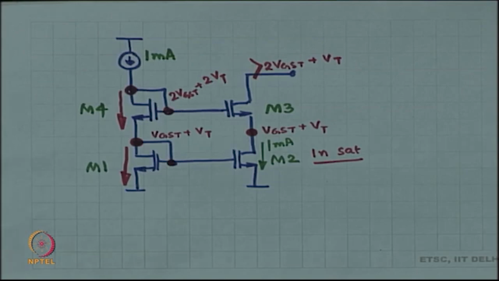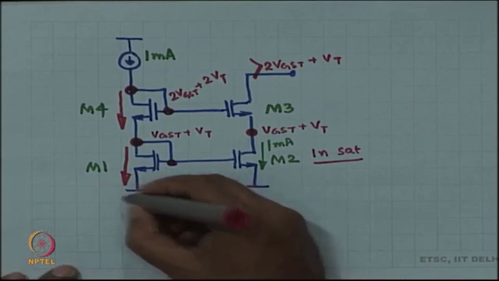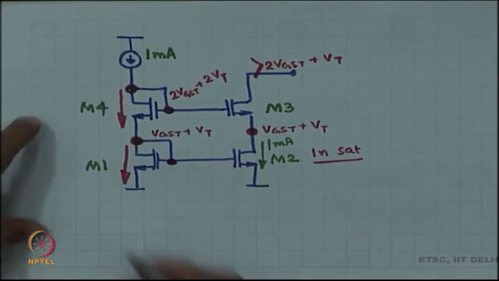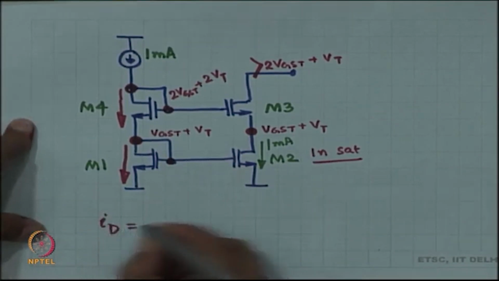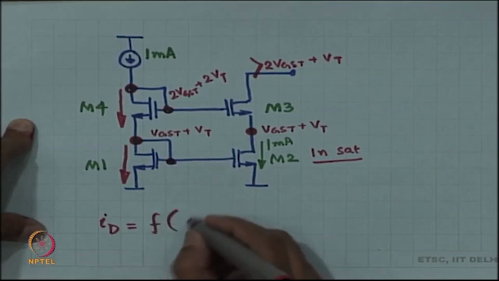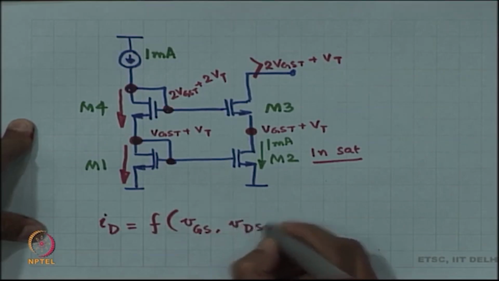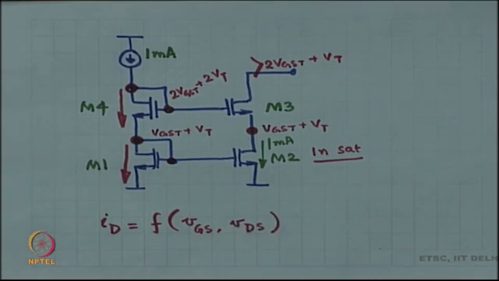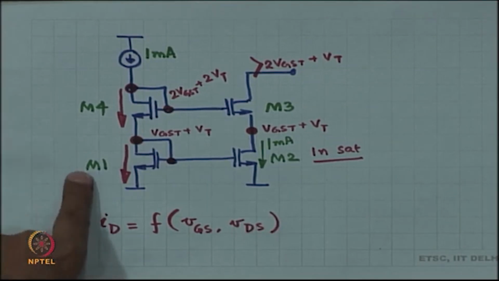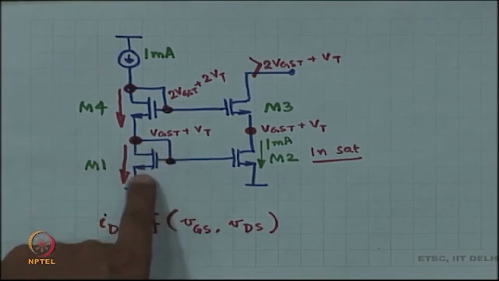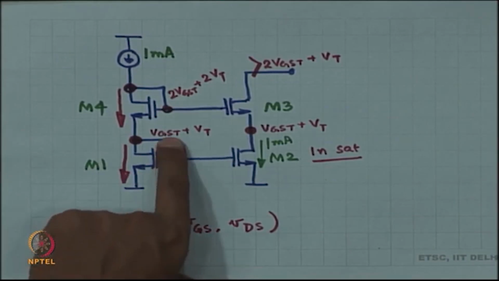Now, there is one more thing to observe, one more very nice feature of this circuit. For the MOSFET, ID is some function of VGS and VDS. Now, M1 has VGS and VDS both equal to VGST plus VT.